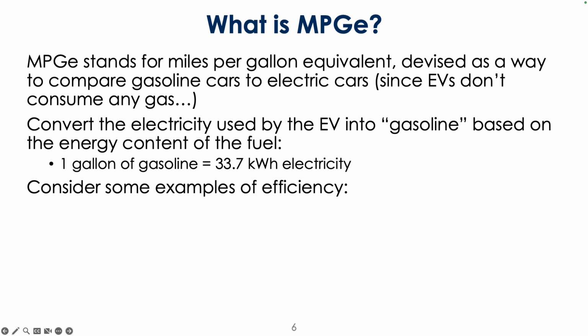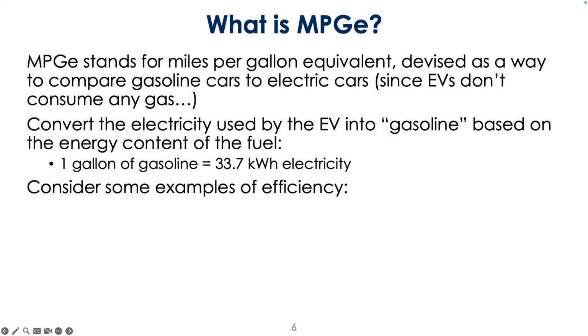So this energy quantity, 33.7, is the actual total amount of energy contained in gasoline, right? You don't actually get that into equivalent amounts of energy when you combust gasoline, because you lose a bunch of efficiency. And similarly, for electricity, you're going to lose some of that as well. And so I'm going to talk about where that comes from.